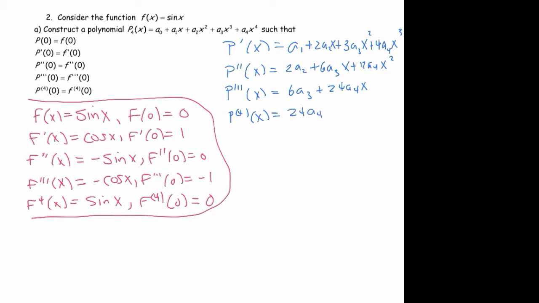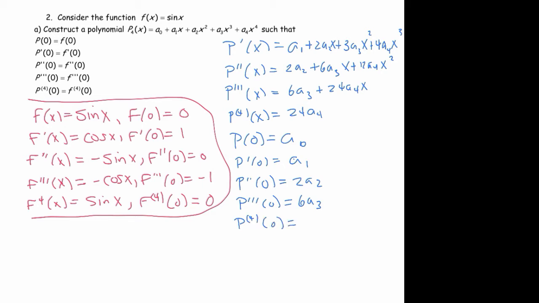And therefore we can write that p of 0 is a0, p prime of 0 is a1, p double prime of 0 is 2a2, p triple prime of 0 is equal to 6a3, and the fourth derivative evaluated at 0 gives you 24 a sub 4.